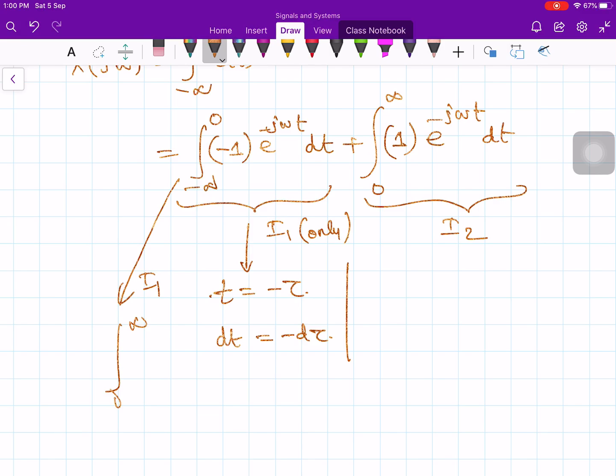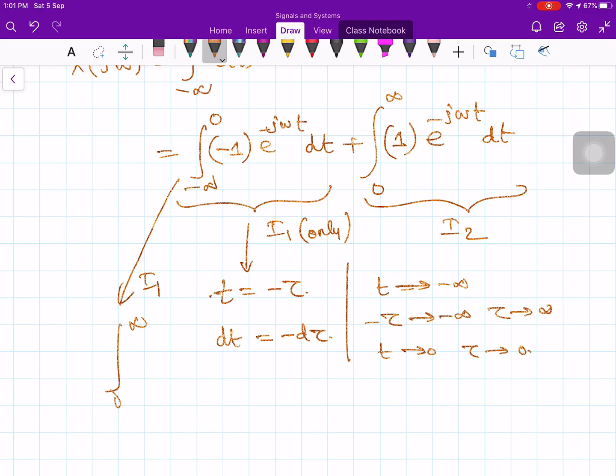So for that purpose, we will do this kind of substitution. Now when t goes to minus infinity, minus tau goes to minus infinity, that means tau goes to plus infinity. When t equals 0, tau also goes to 0.